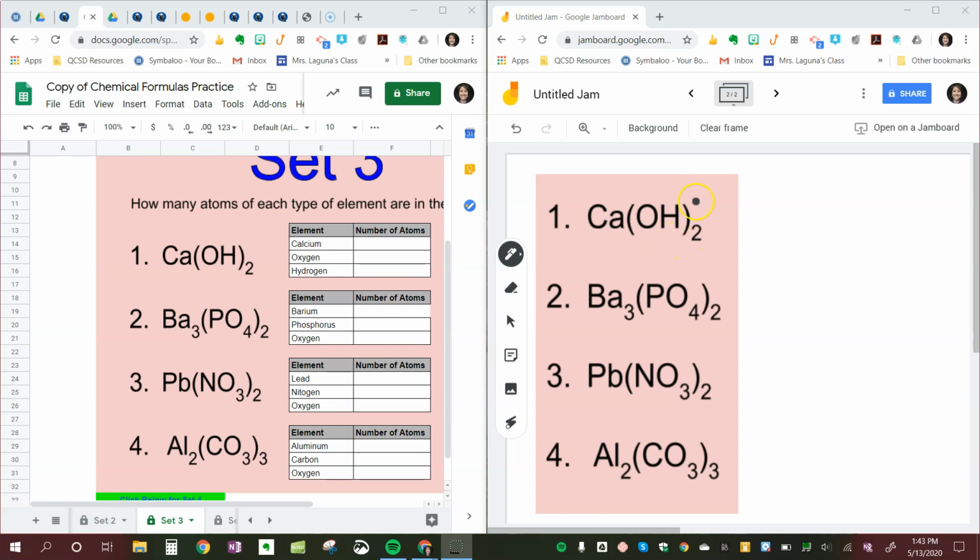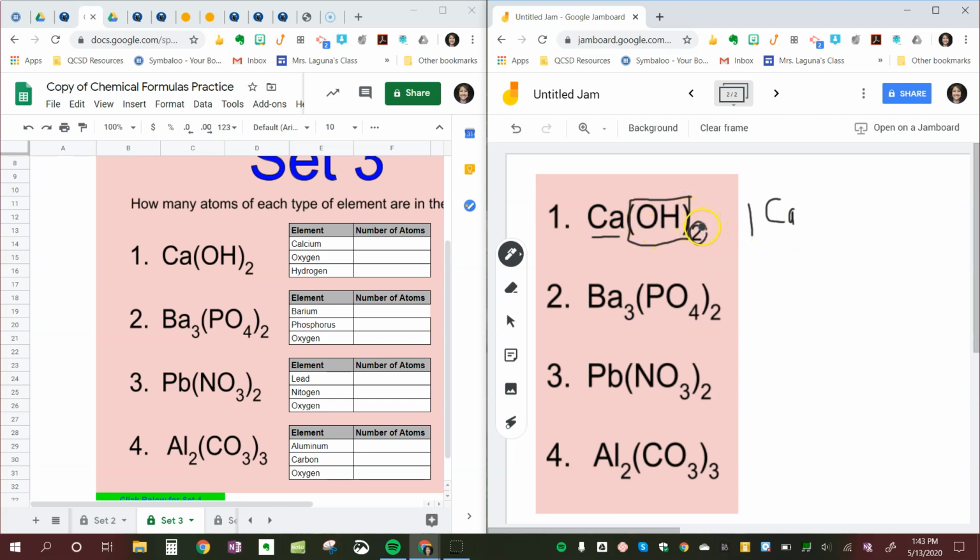So let's flesh this one out and see what we have. We have 1 calcium, and we know it's 1 because there's no subscript. Then we have parentheses with a 2 outside of it. That means the 2 doubles everything inside the parentheses. So you look to the outside right of the parentheses to see what you're going to do.